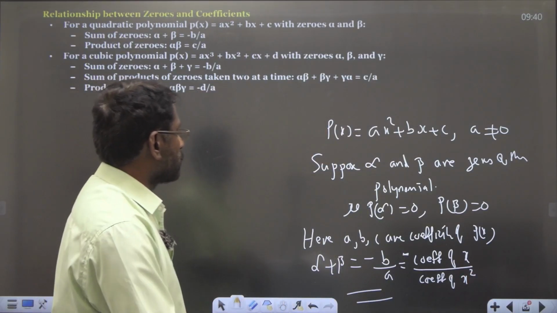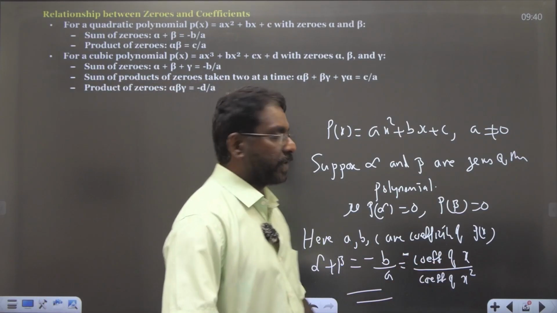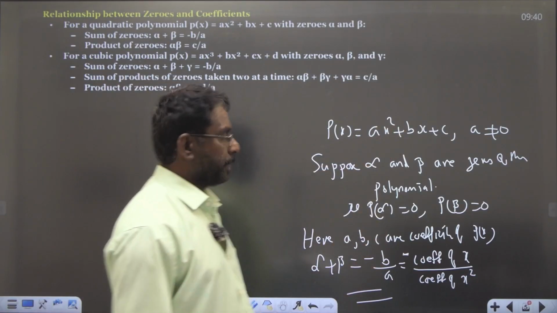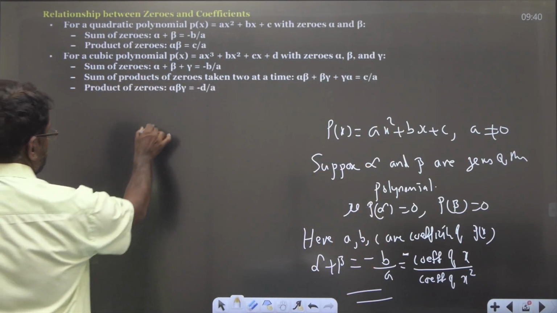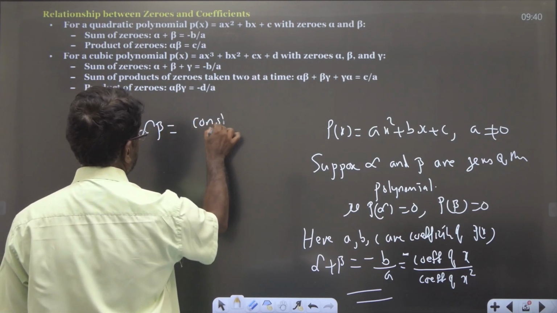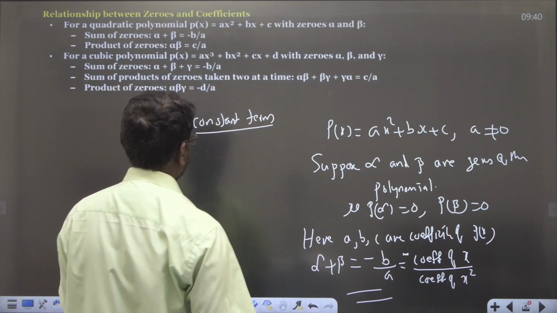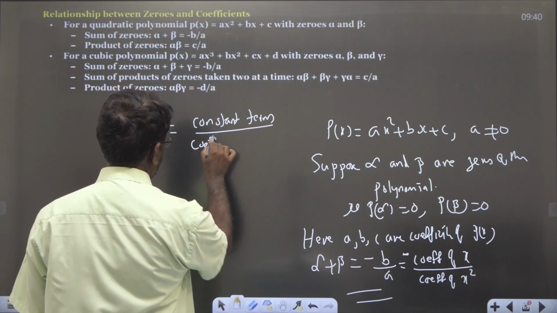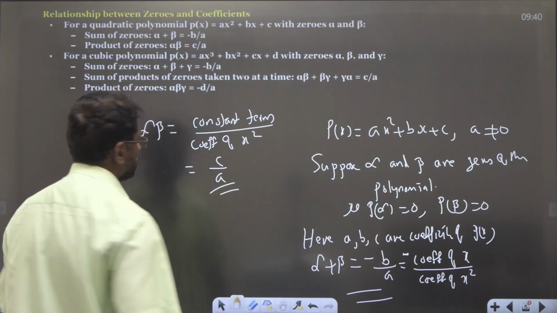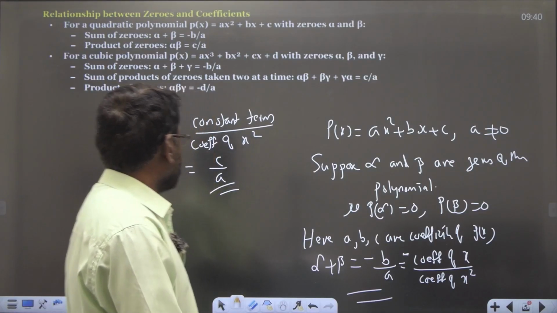Just remember this result: the sum of zeros is minus coefficient of x divided by coefficient of x square, or minus b by a. Similarly, the product alpha beta is equal to the constant term divided by the coefficient of x square, that is c by a. Very important, two formulas: alpha plus beta is minus b by a, alpha beta is c by a.